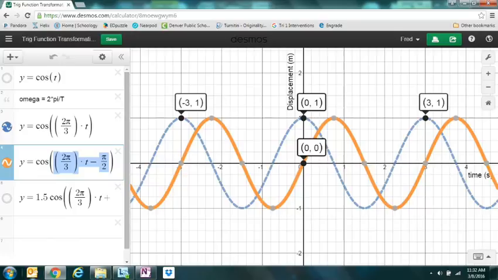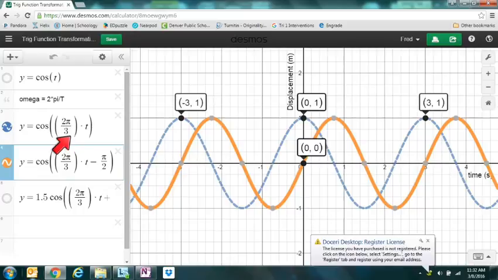Okay, so to recap, omega squished the function so that it repeats once every 3 seconds instead of once every 2 pi. And then this phase shift shifted everything toward the right. And if we shift it by negative pi over 2, then it now behaves like a sine function instead of a cosine function.